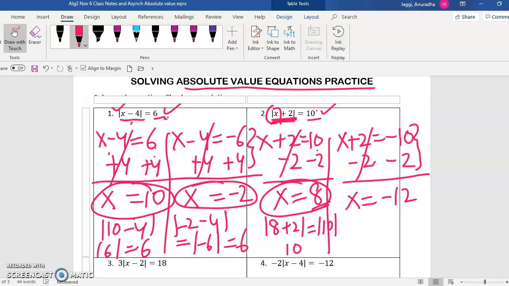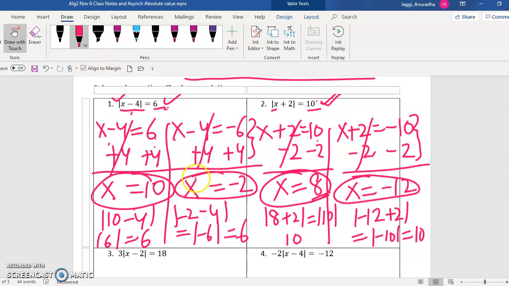And if I plug in negative 12 for this x, negative 12 plus 2 is equal to the absolute value of negative 10. The absolute value of a negative number is also positive, and so x is equal to negative 12 is my next answer.